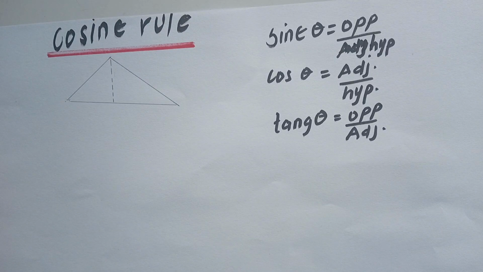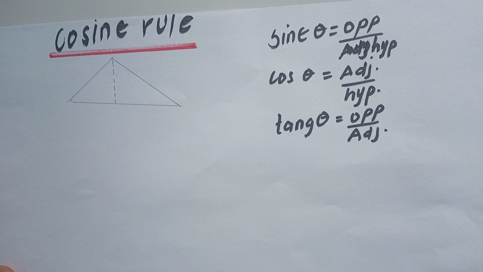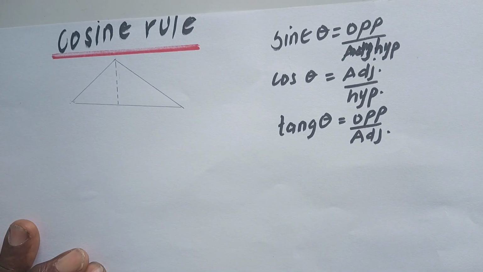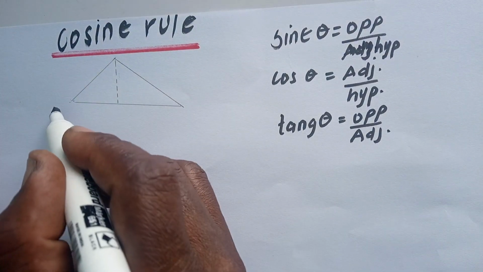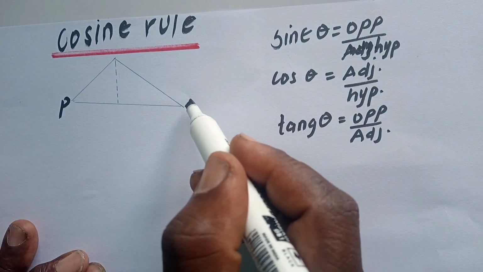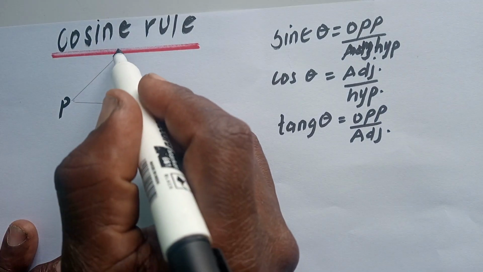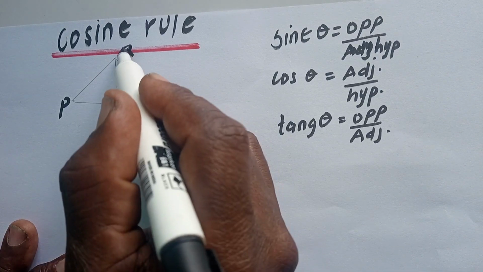We shall begin our study on cosine rule by using our triangle and lettered triangle as our beginning point. So we letter our triangle P, Q, R in capital letters.